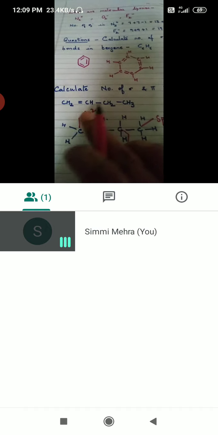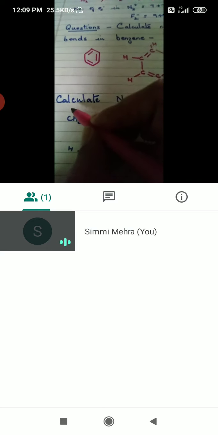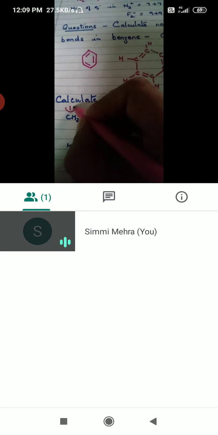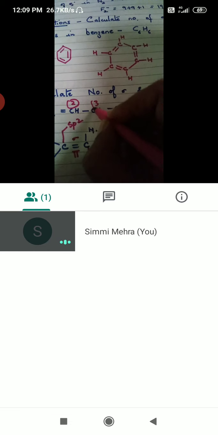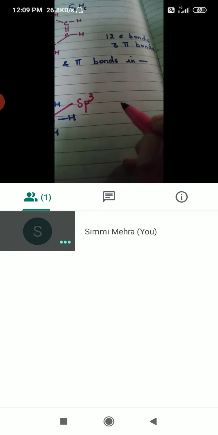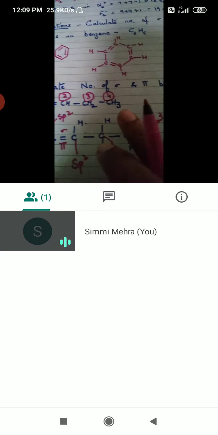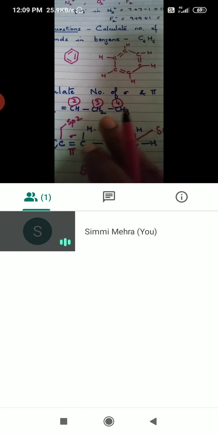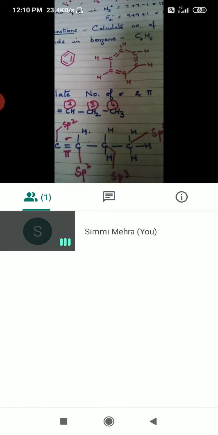Okay, we can mark it directly on the diagram, or the alternate method is I will number the carbon atoms as 1, 2, 3 and 4, right? And then write that carbon atom number 1 is sp2 hybridized, carbon atom number 2 is sp2 hybridized, 3 is sp3 hybridized and 4 is sp3 hybridized.